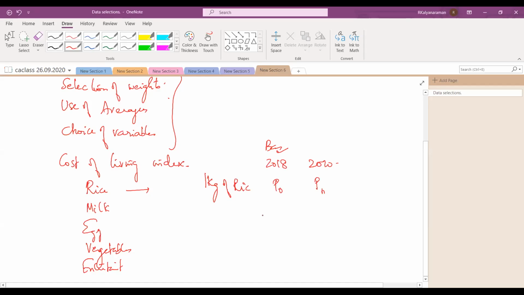So Pn by P0 is called the price relative. Similarly, you can define quantity relative. For a constant price, for 100 rupees, how much you bought in 2018? For the same 100, how much you bought in 2020? So Qn by Q0. This is called the quantity relative.